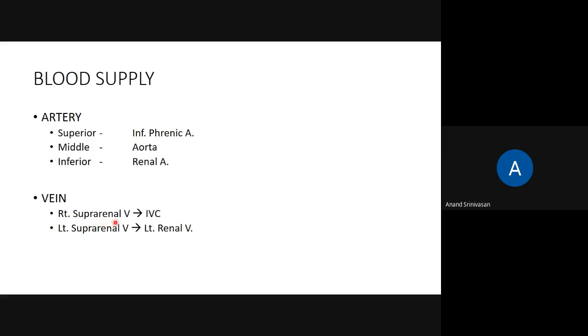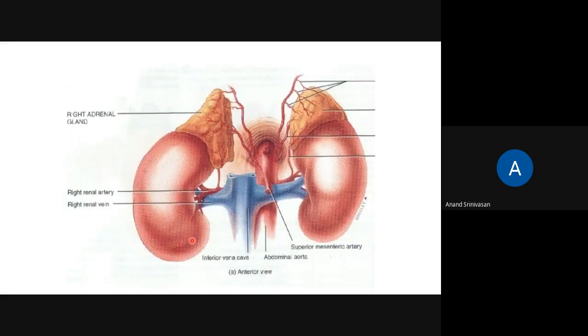The right suprarenal vein drains directly into the inferior vena cava, whereas the left suprarenal vein goes into the left renal vein. Here in this picture, you are able to see all the blood supply.